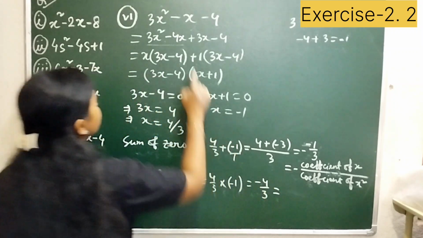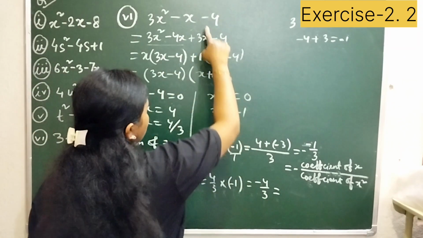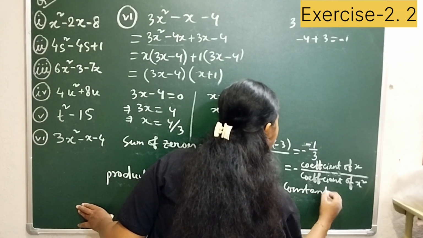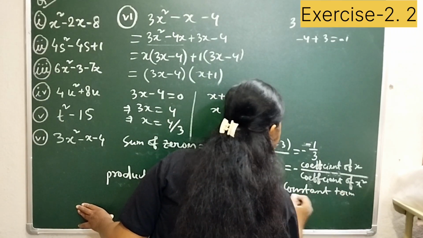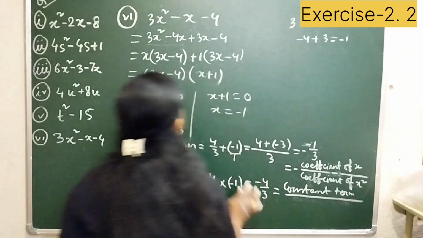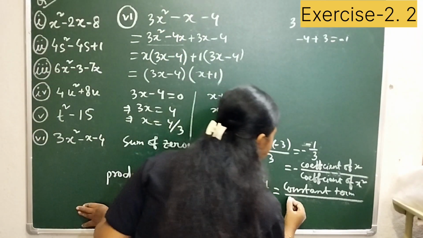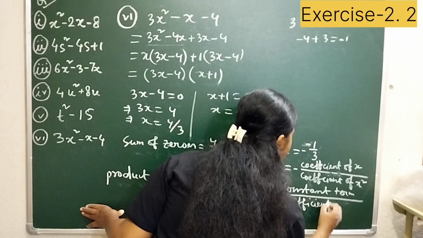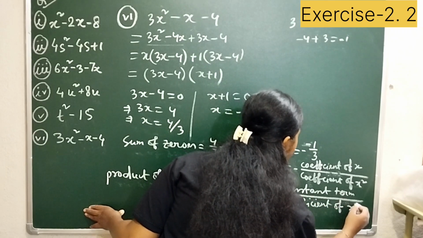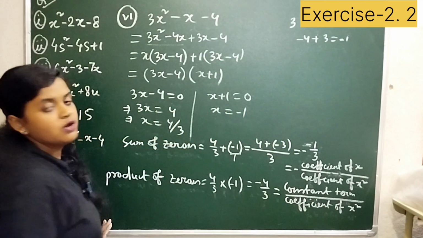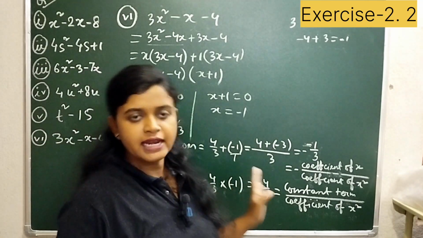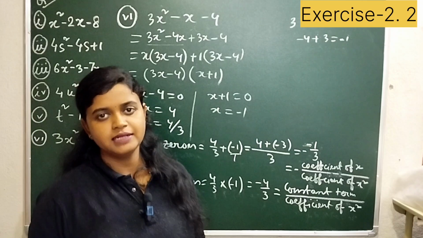And minus 4 is the constant term. So the constant term divided by 3, which is the coefficient of x square. In this way we establish the relationship between zeros of the polynomial and the coefficients of the polynomial.